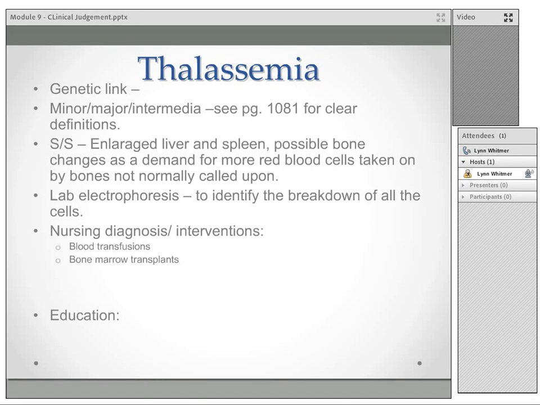If children undergo too many blood transfusions in a short period of time, due to the high levels of iron in the plasma, the red blood cells, they can have iron toxicity. So we have to be watching for that as well. And then, of course, there's bone marrow transplants that we can do to help eliminate the problem.